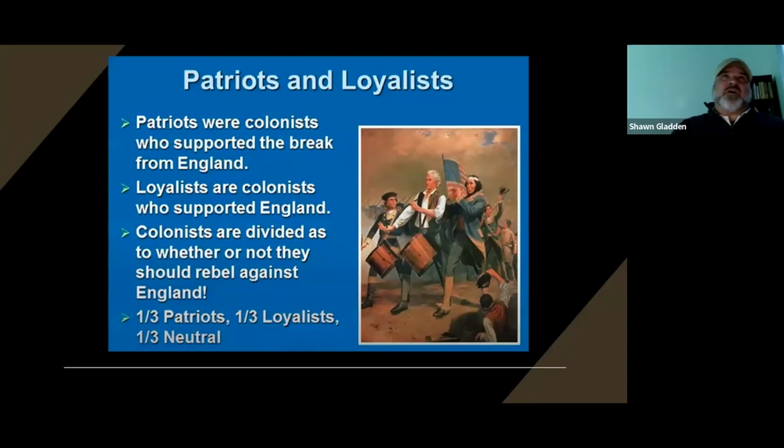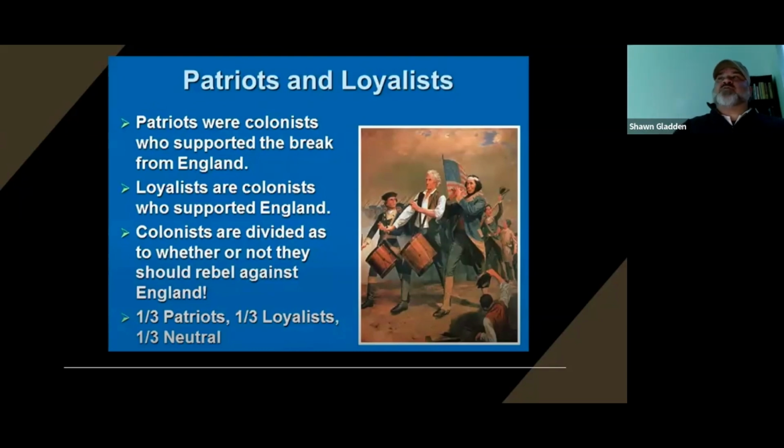I've seen varying degrees of support, but from a historical standpoint, we can say between 33 and 40% of the colonies at various times would consider themselves patriots. So overwhelmingly, the majority of those who lived in the colonies did not support the patriot cause, or were ambivalent to it.